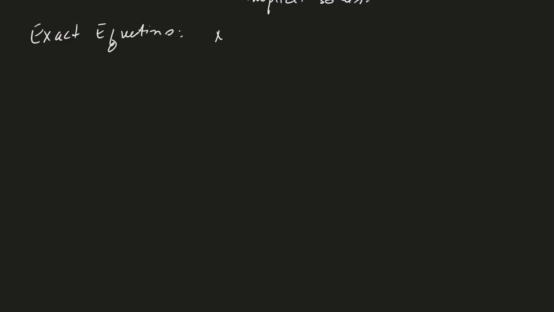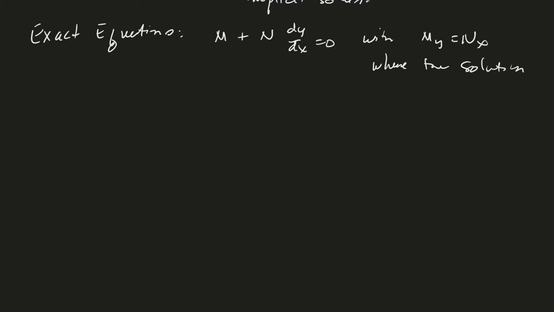So again, when you have an exact equation, you have M plus N dy over dx equals 0 with M sub y equal to N sub x, where the solution is f, and we want f sub x equal to M and f sub y equal to N. Good.